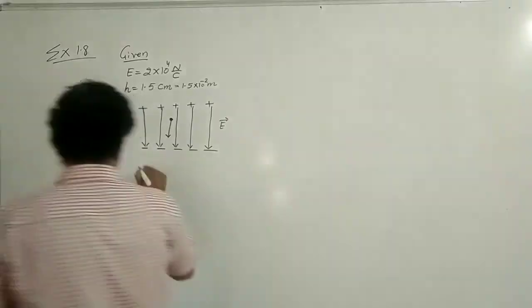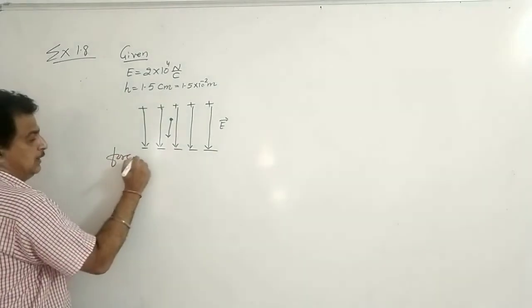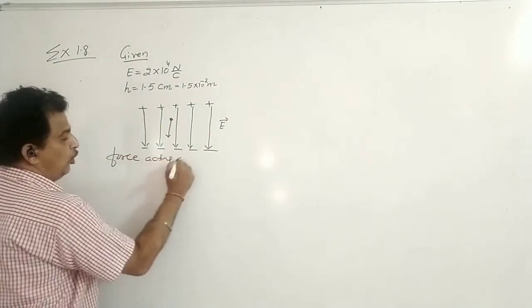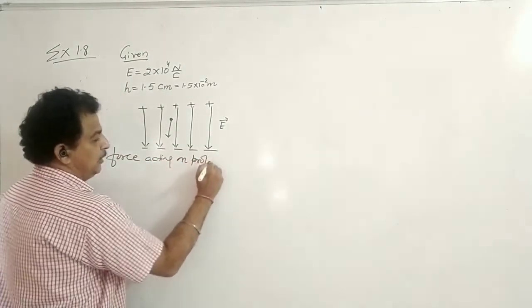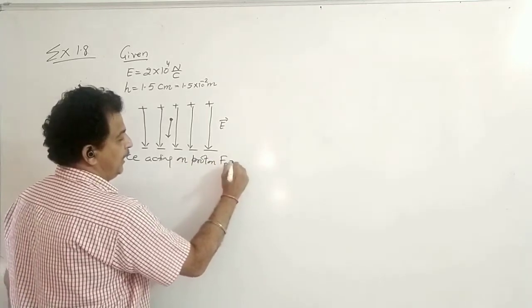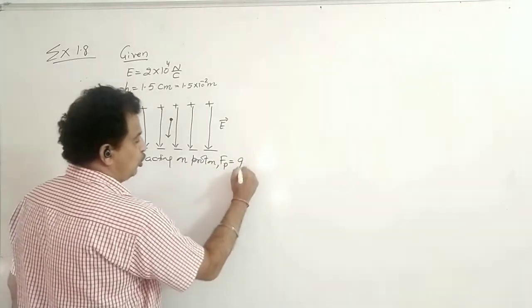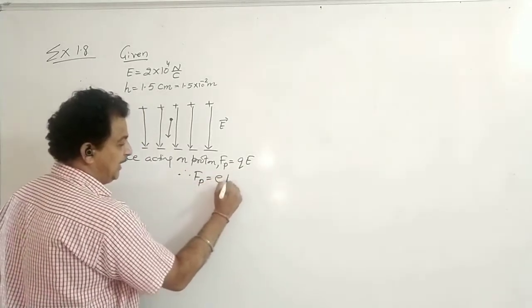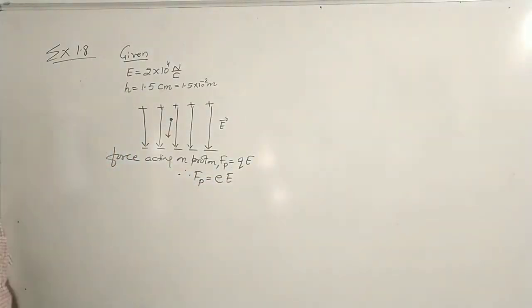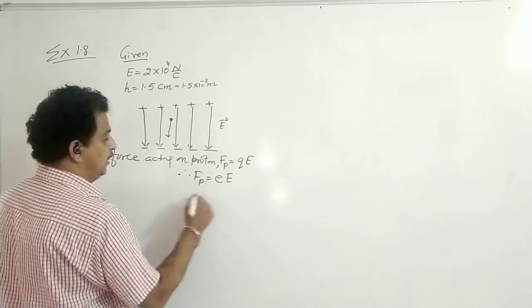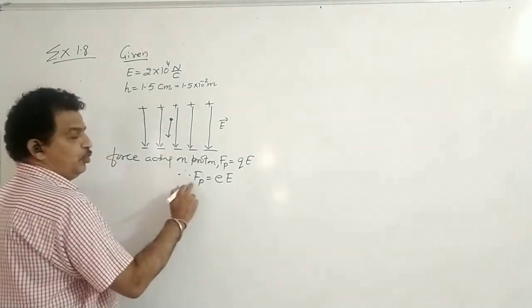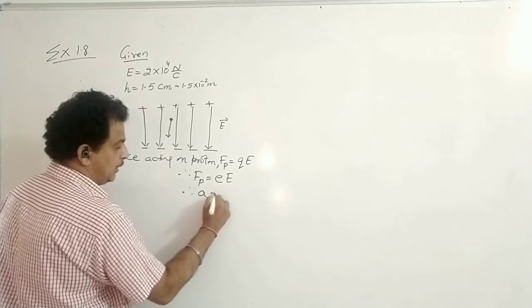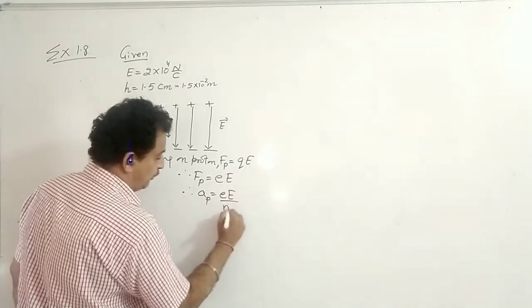Again I will write the force acting on the proton, that is F_p is equal to qE. Again the charge on the proton is the same, that is e, the fundamental electric charge. So F_p is equal to eE. Therefore again force is mass into acceleration, so acceleration is equal to eE upon the mass of proton.